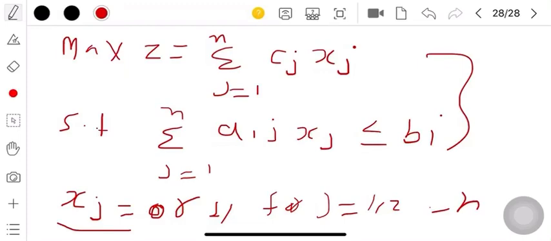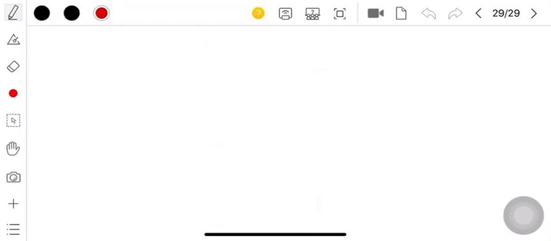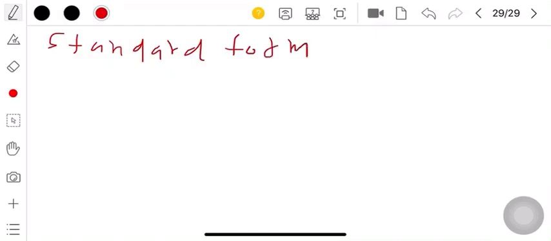So what you need to do in the additive algorithm method is just convert it into the standard form. And what is the standard form? First, if the objective function is of minimization type, just multiply the objective function by -1 to convert it into a maximization type of problem.